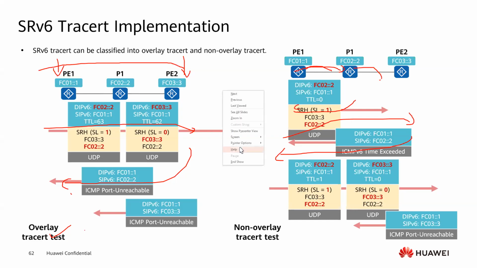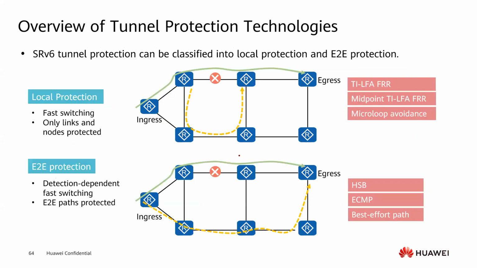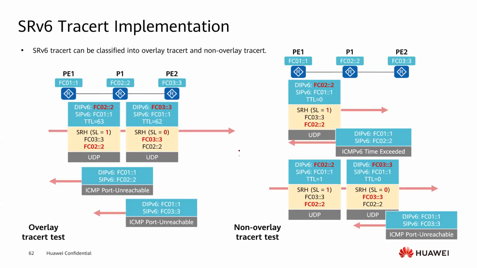So there will be two types of trace route detection. Okay, so this is how you use BFD and the trace route and ping to manage your policy.